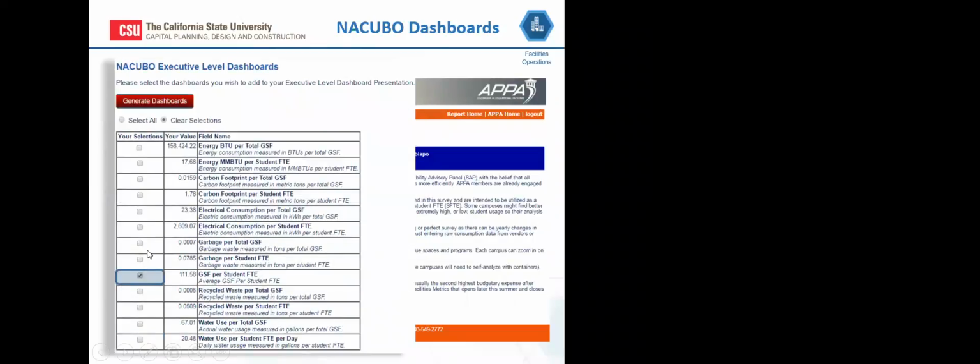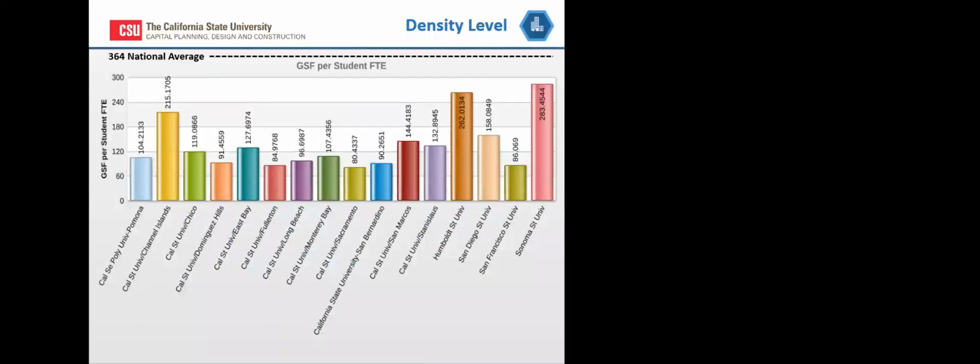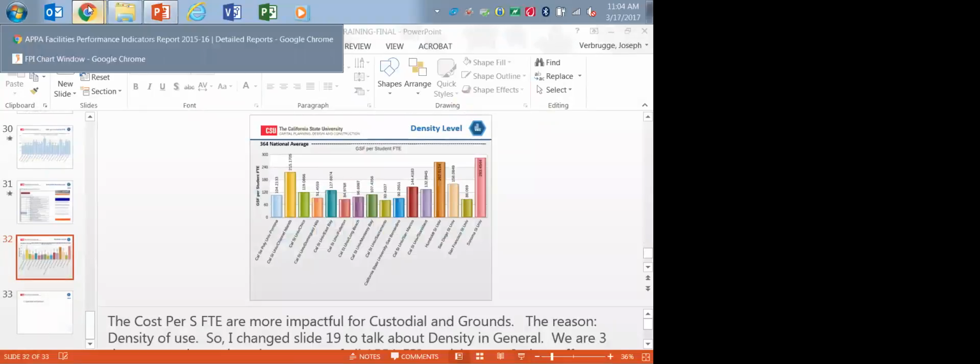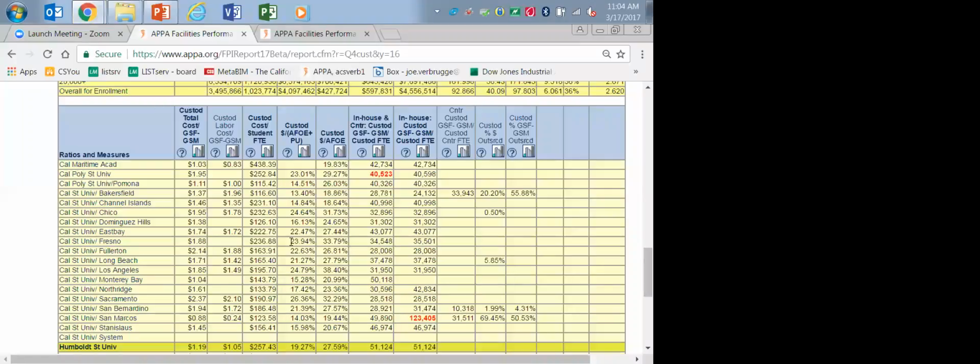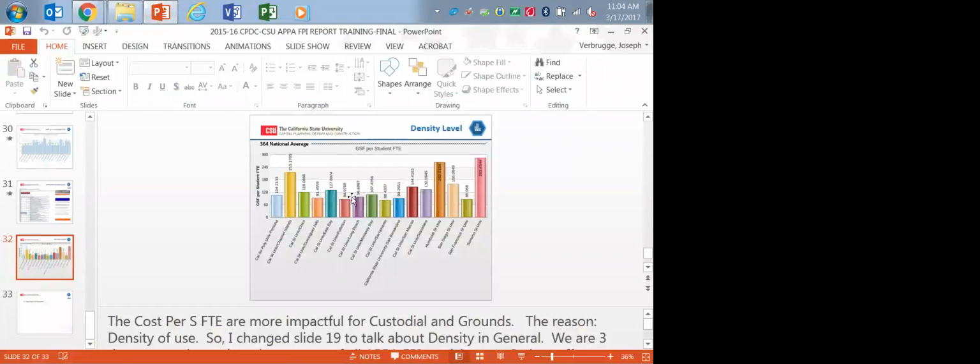Okay, we're going back to NACUBO. And here's the density measure of which we talked about. So your vice presidents have access to this number quite a bit. The national average, yeah, we're going to have to go live because it's outside of this graph.